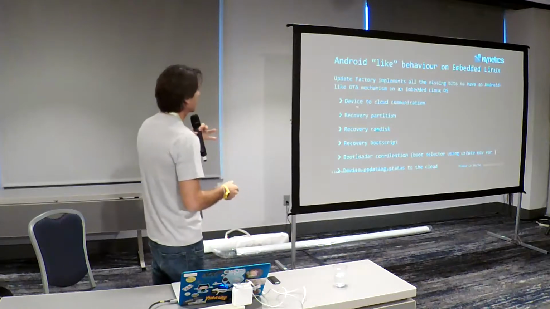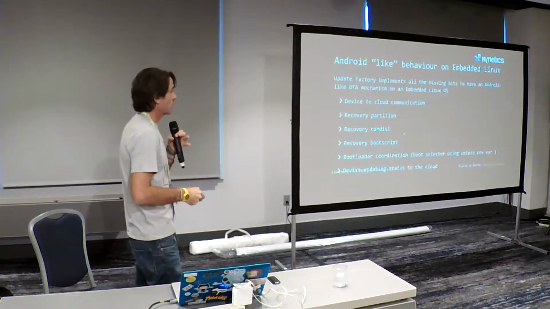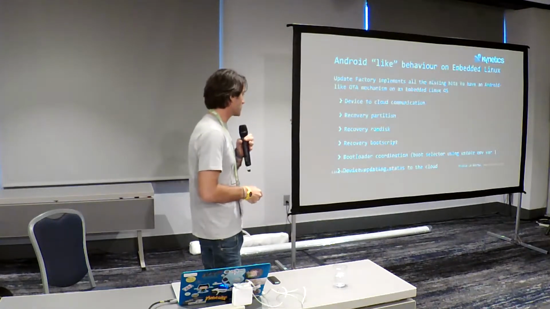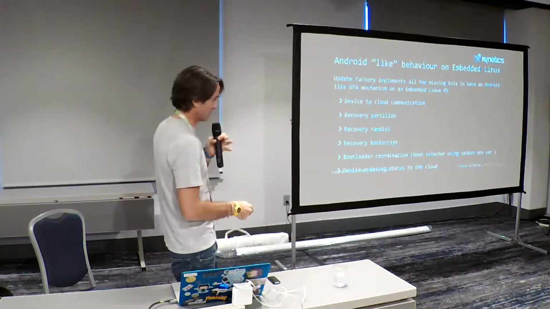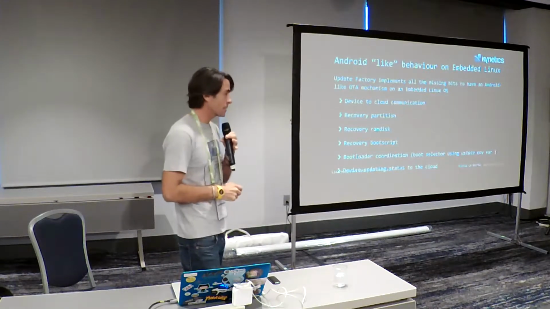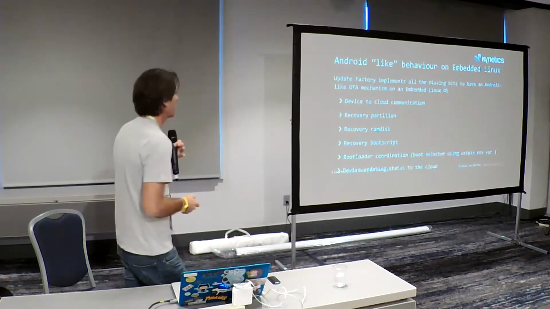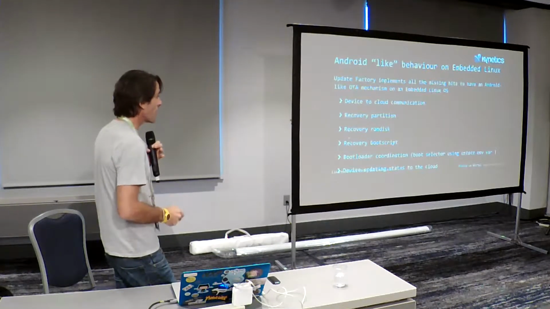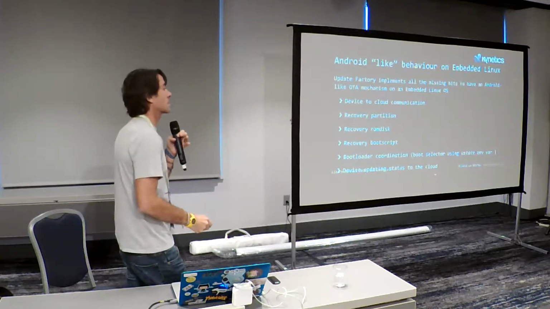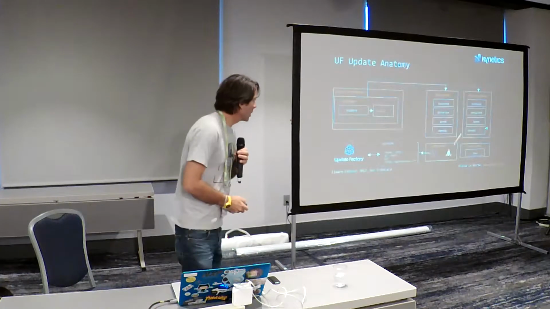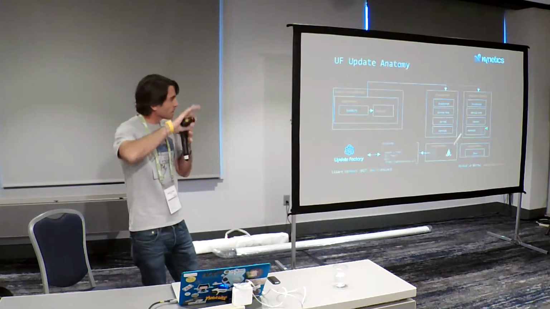Creating a recovery partition, then a recovery RAM disk, and a recovery boot script. And the bootloader obviously decides which operating system is booted. Obviously, we have device-to-cloud communication, and the device updating status is tracked on the cloud. So this is how the schema looks.